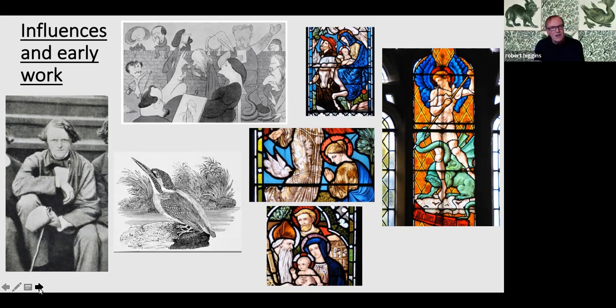When he started making tiles, De Morgan lived close to Dante Gabriel Rossetti. There's a cartoon top centre, and Rossetti kept quite a famous menagerie of animals, which are shown there together with a variety of people.